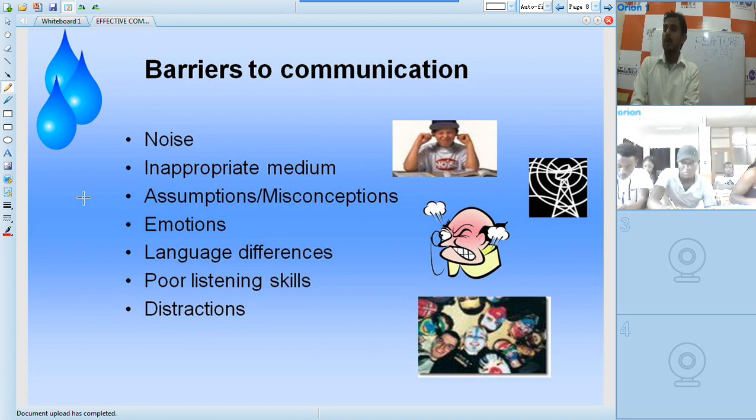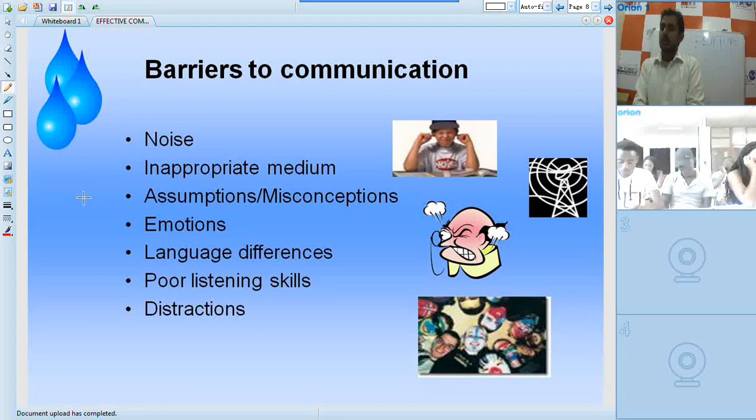Language is the most commonly seen barrier in communication. Suppose in a hospital, the patients coming are from different regions, different countries or different areas, and their language might be different. It is difficult to communicate with persons who are not well aware of the language known to you.